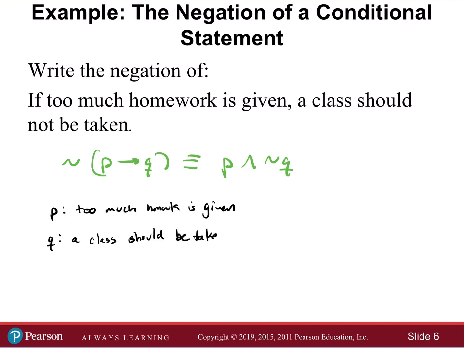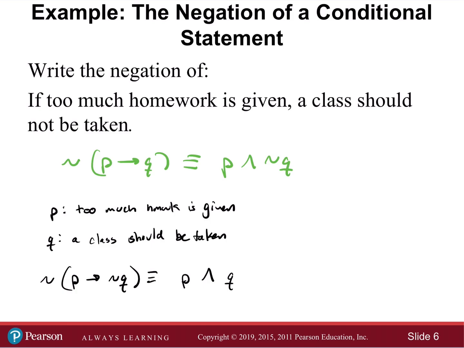I'm just mimicking what we did in the previous example, in the previous section. So in symbolic form, this would be P implies not Q. If we want to negate this, that should be P and not not Q. In other words, P and Q.